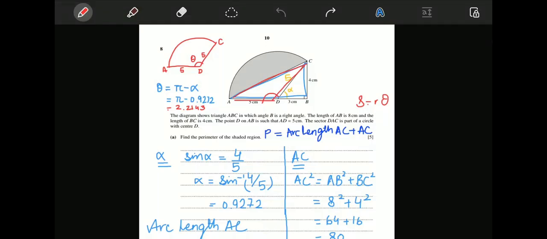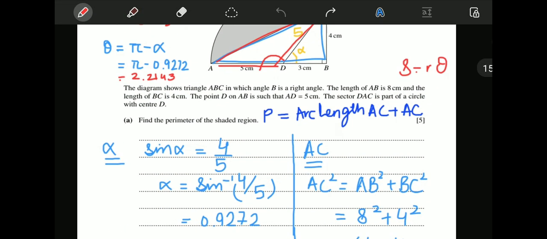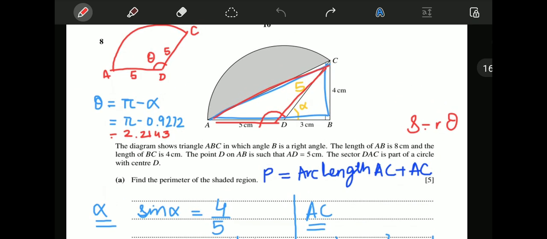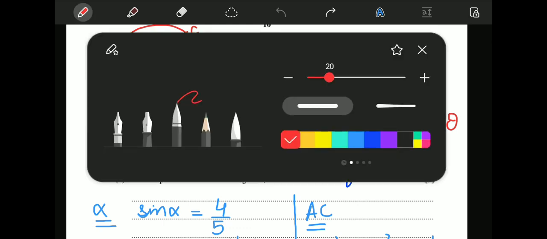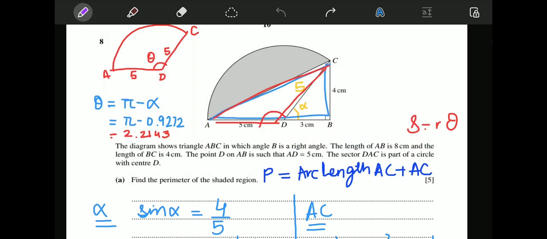Question 8 says the diagram shows a triangle ABC in which angle B is right angle. Okay, let me change the marker so I can just show you. This is your ABC.